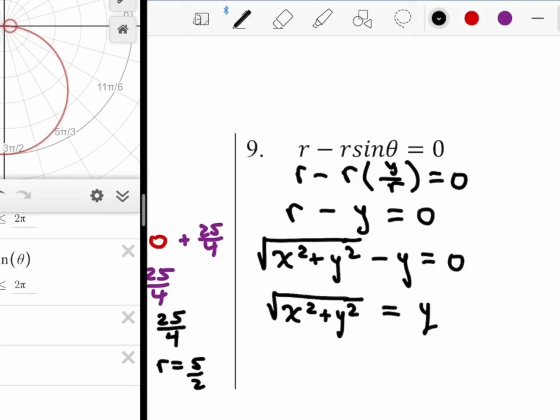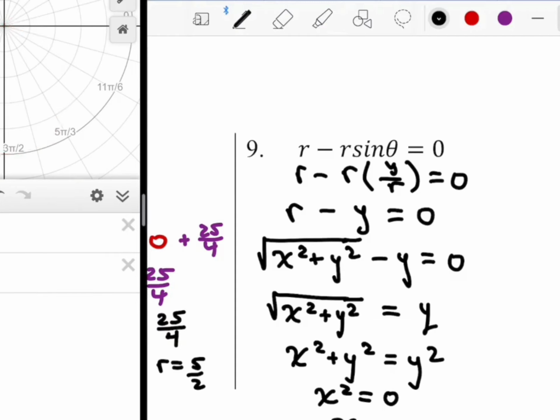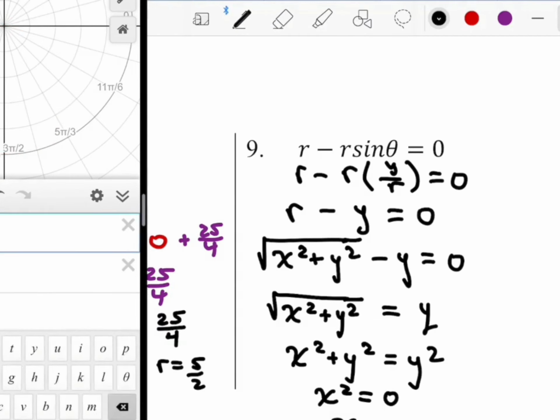I can add the y to both sides for the purpose of squaring. So we get x squared plus y squared equals y squared. So it looks like we have a common y squared that's going to cancel out, and we get x squared equals 0, and you get x equals 0.